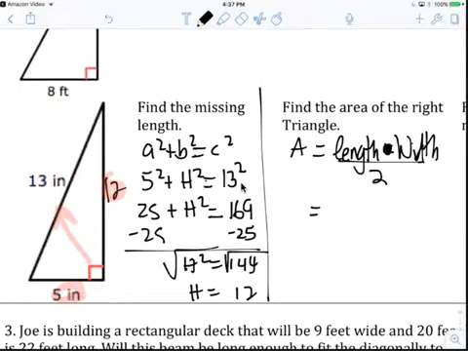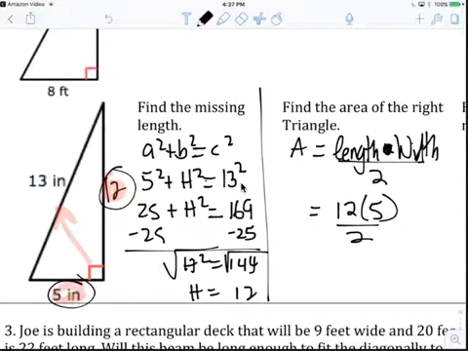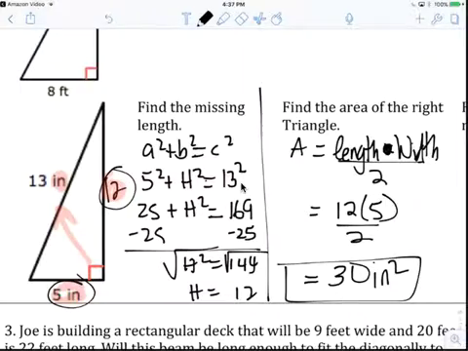So your length, never the hypotenuse, it's always the two legs. It's the length and width. 12 times 5 divided by 2, you get 30. If you do that on your calculator, you get 30. And this is inches, so it's inches squared. Don't forget that on your test tomorrow.